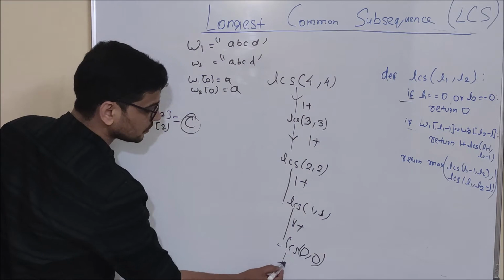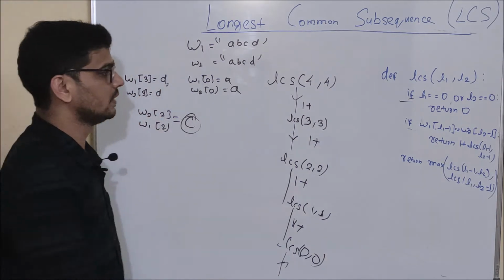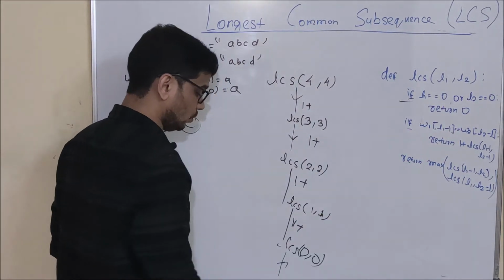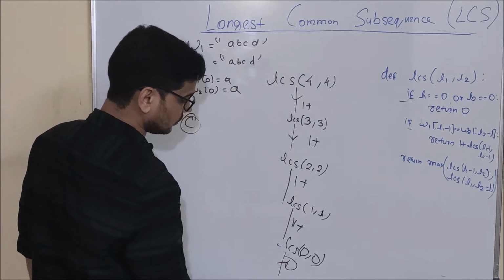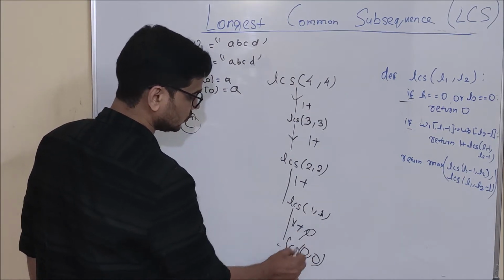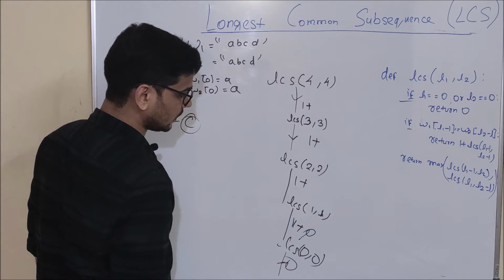When LCS of 0 comma 0 is called, the condition will be true and it will return 0 to LCS of 1 comma 1.